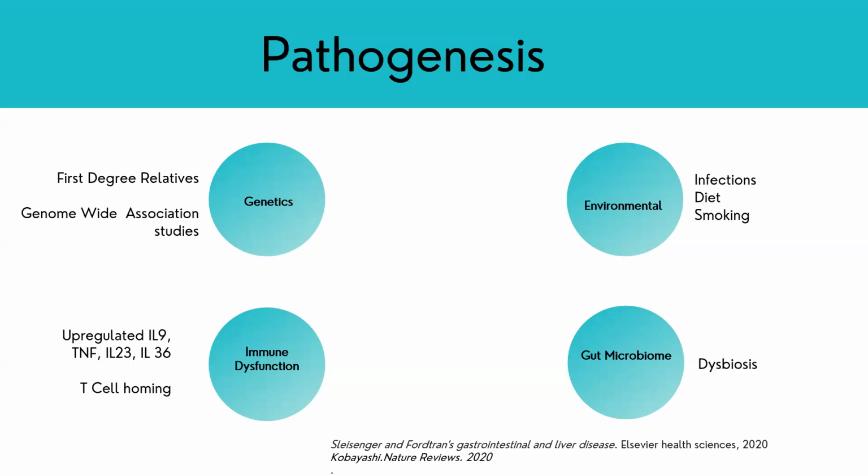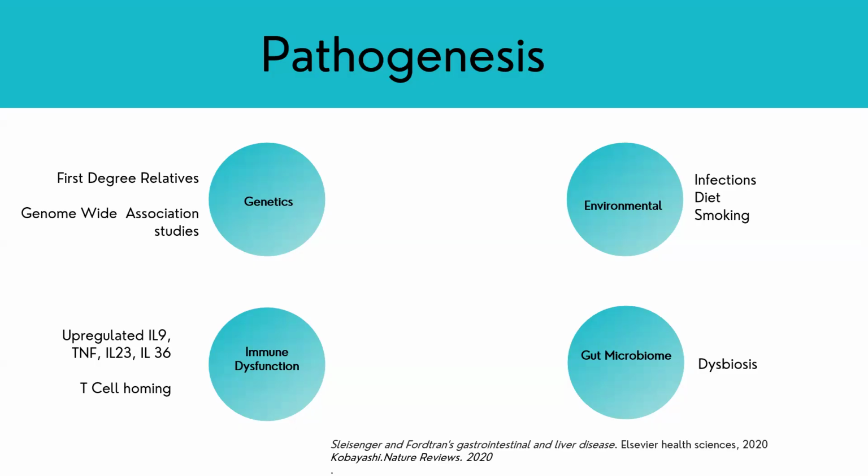About 8 to 14% of patients with IBD have a first-degree relative with IBD as well. There's lots of work ongoing to identify the genetics that can predispose patients to UC or IBD. These are important, especially in the era of precision medicine. We're trying to find out which particular patients can be targeted for some of the advanced therapies.